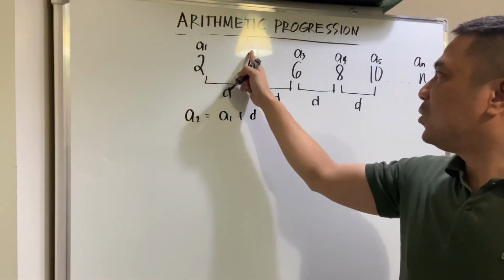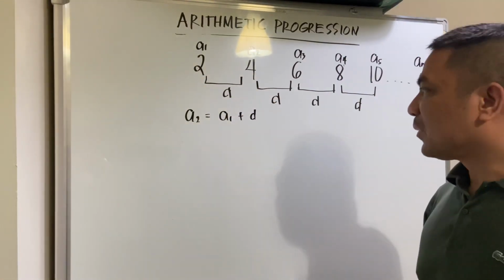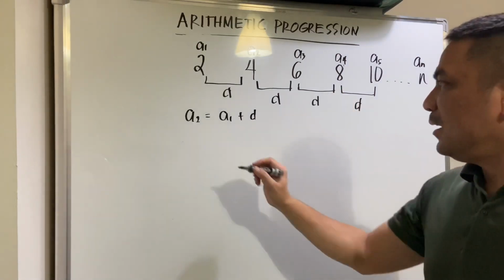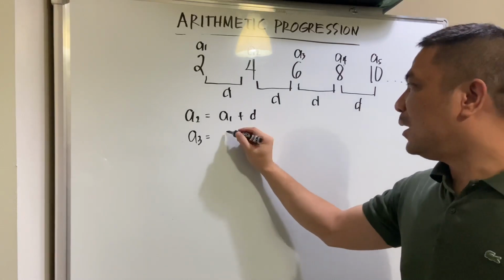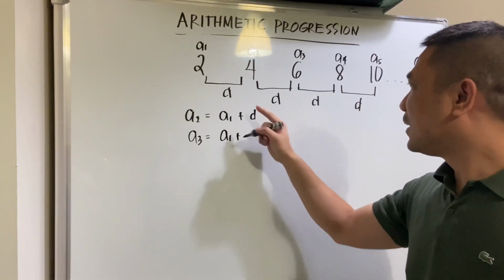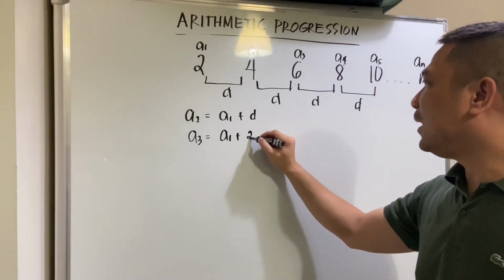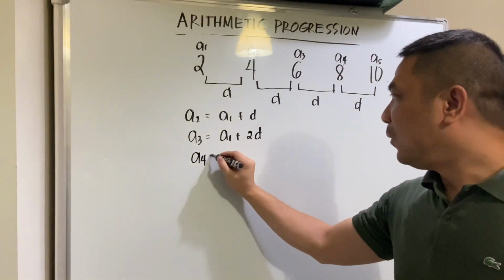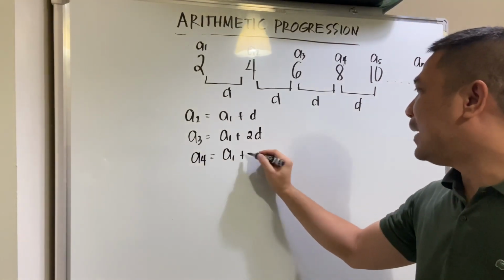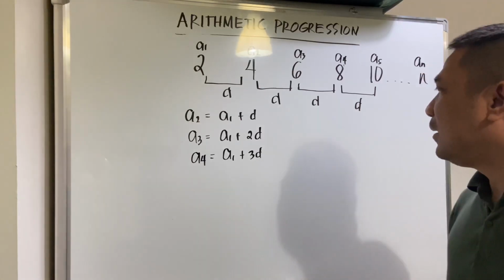Also for A3, if you want to get the value of A3 in terms of A1, it will be A1 plus, how many D's do we have? We have 2D. And for A4, we have A1 plus 3D.